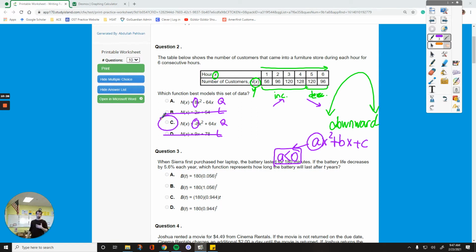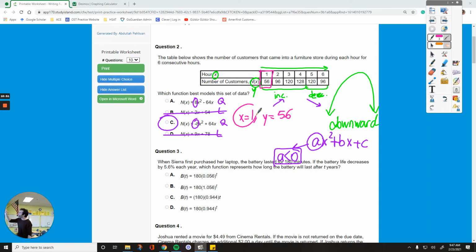You're going to need this skill when you take the ACT or SAT or any other high-stake test where there are multiple questions. But to get to the actual answer, I'll show you what you can also do to figure out that the C is the exact answer. You can just pick these two numbers, x equals 1 and then y equals 56.